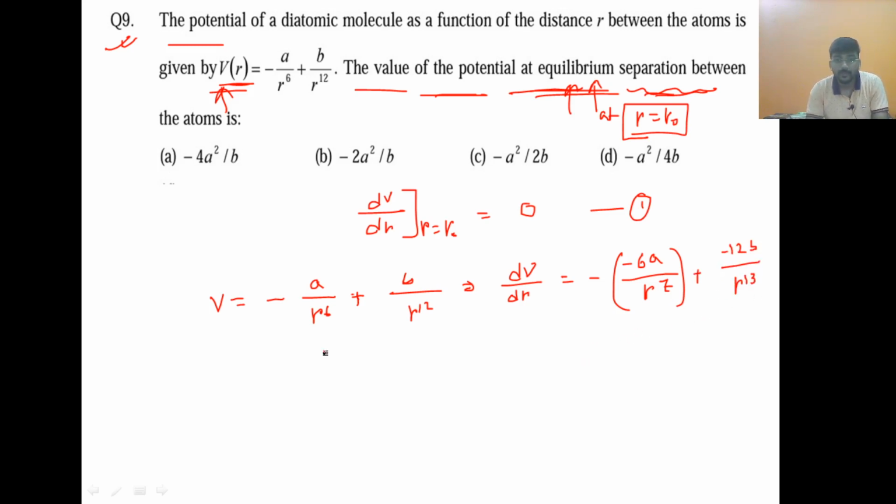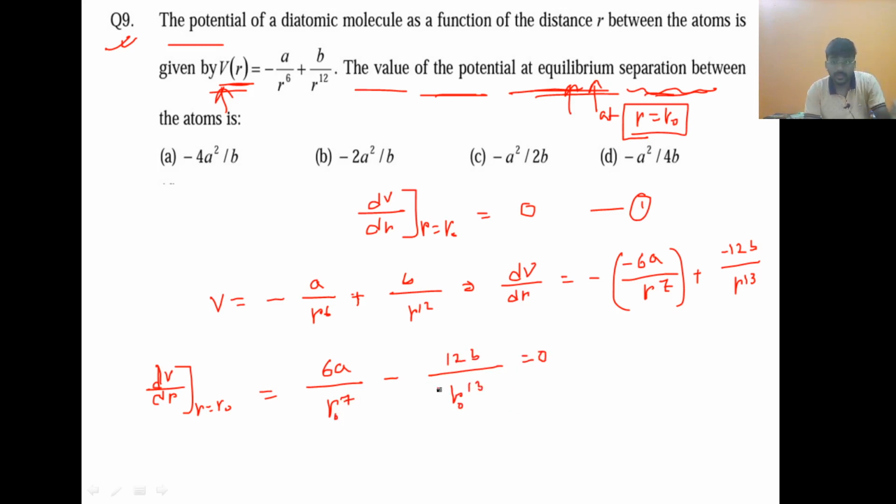So dV over dr at r is equal to r0 will be 6a divided by r0 to the power 7 minus 12b divided by r0 to the power 13 is equal to 0.